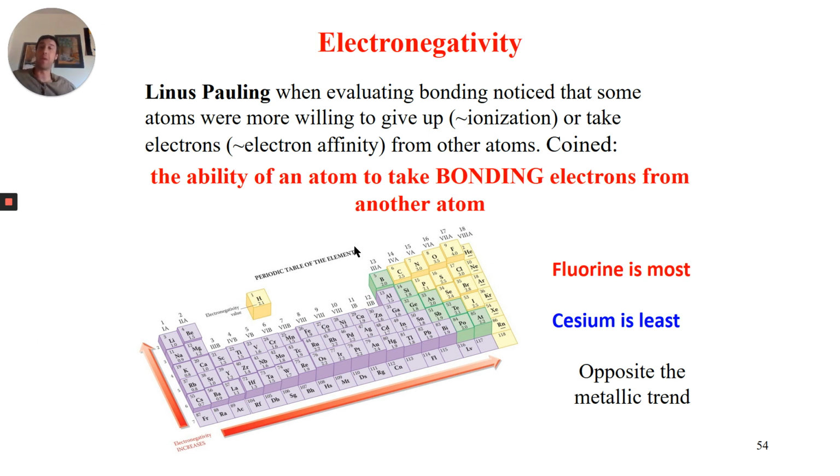Okay, and Pauling was the one that came up with a way to determine electronegativity, and ultimately it comes down to the ability of an atom to take bonding electrons from another atom. So this is a blend of ionization energy and electron affinity, though officially not either of them, because in both ionization and electron affinity, there's only one atom. In electronegativity, there's two atoms.